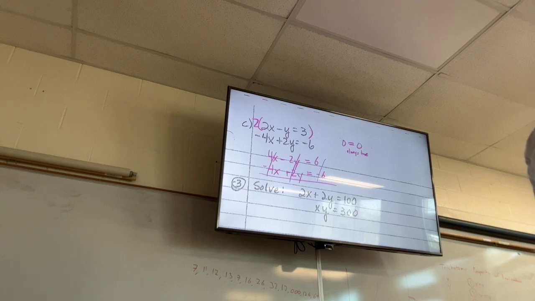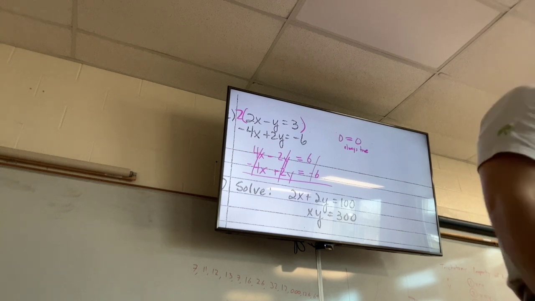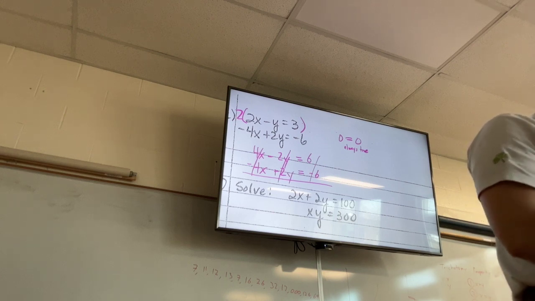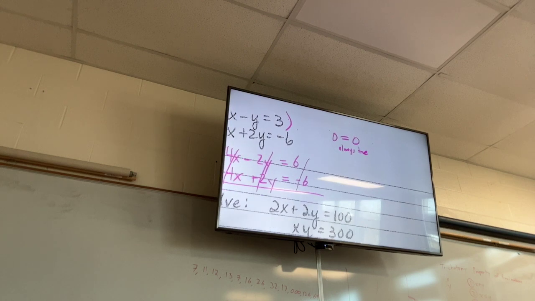It actually kind of does matter. So the answer to this, it's not just infinitely many solutions, it's all of R2.